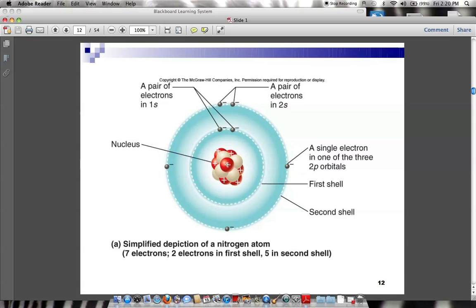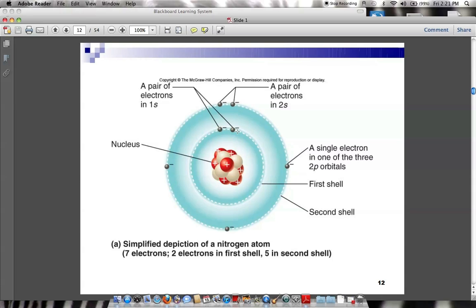For purposes of biology, I'm really not going to get into orbitals and shells and make you learn all the different orbitals, all the different shells. The orbitals give the atom its shape, you might say, and the shells are the energy levels of those electrons.